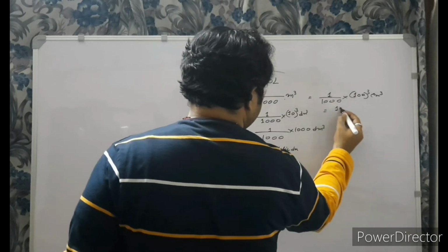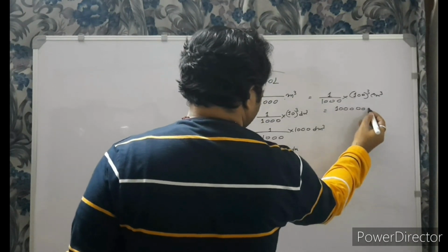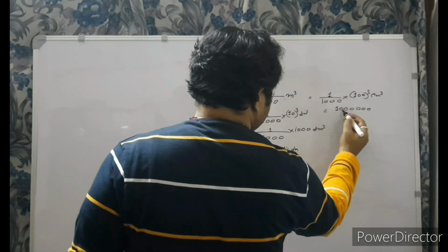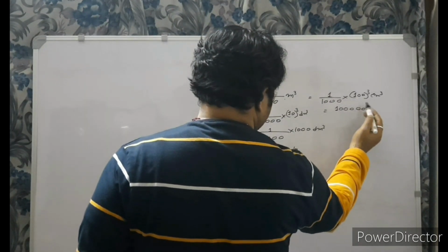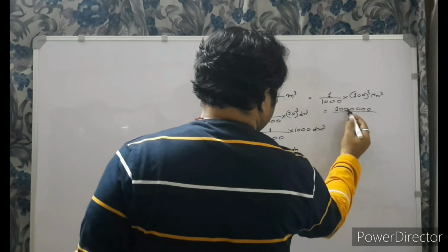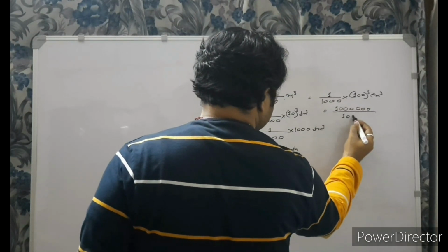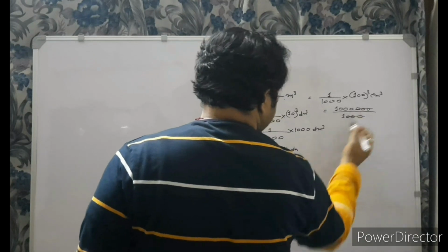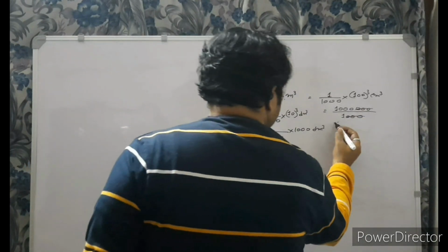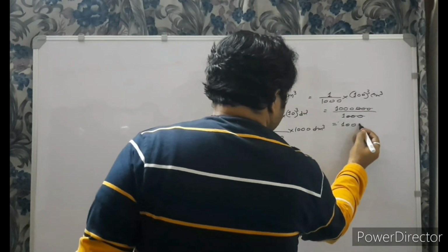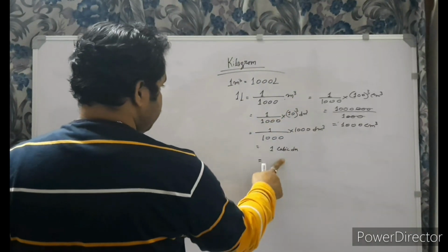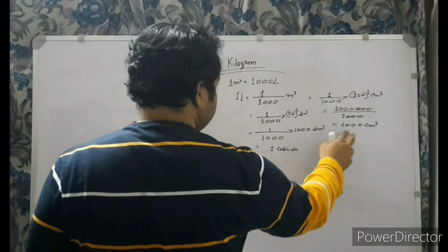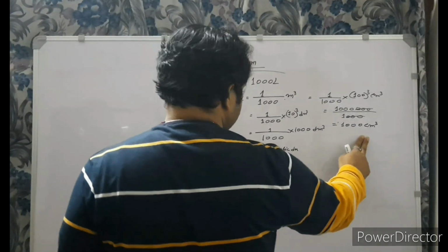So 100 cube would be 1,000,000 centimeter cube, so 1000 centimeter cube. 1 liter is equal to 1 cubic decimeter is equal to 1000 cubic centimeter.